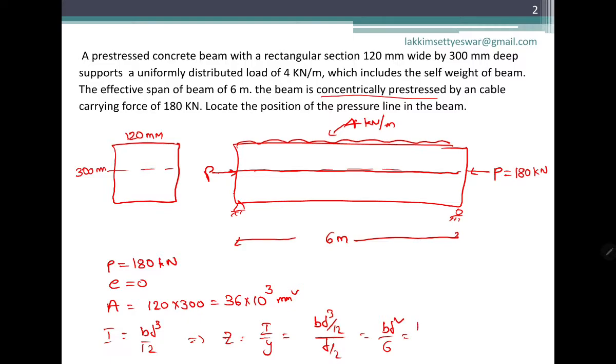So Z is equal to 120 into 300 square divided by 6, which is 18 into 10 power 5 mm cube. This is Z top and bottom. It is a rectangular section, so top and bottom values are the same.